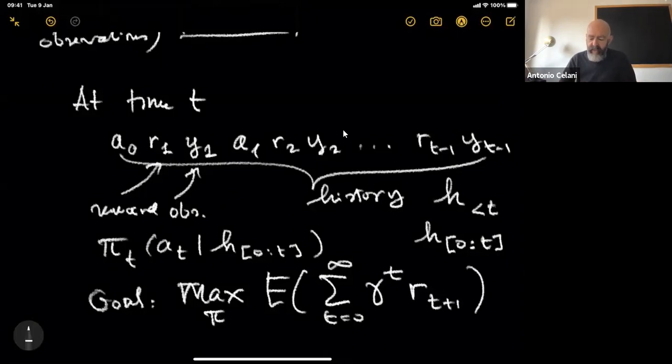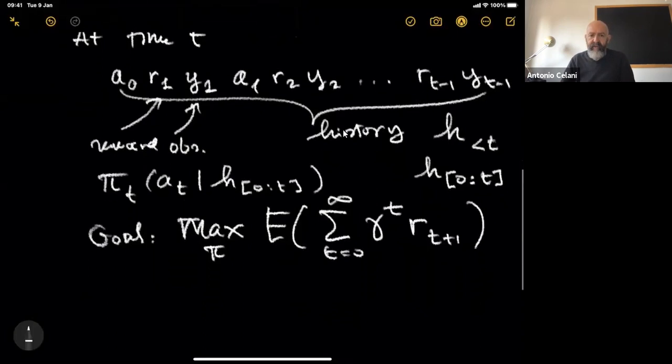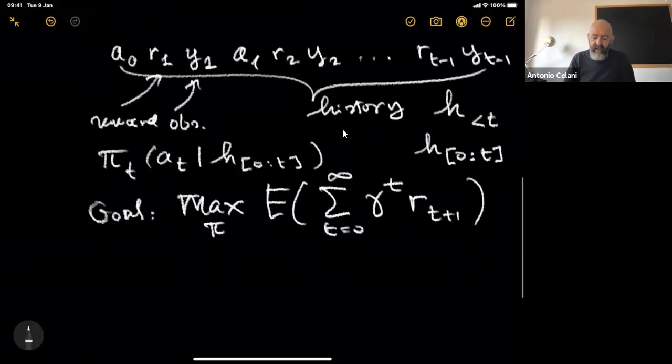So here we face a first dichotomy between two possibilities. The first possibility is that we do not have a model available. So we have to rely on this long record of histories. First option, no model.